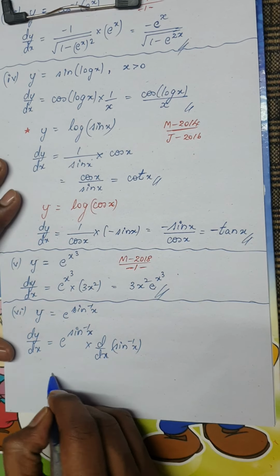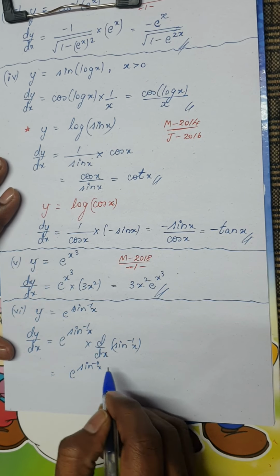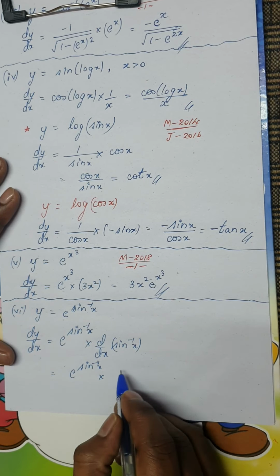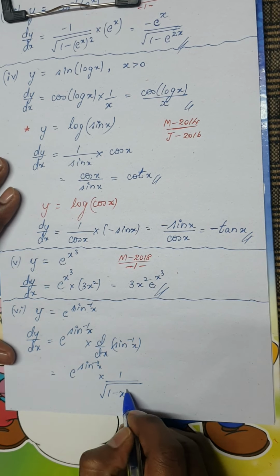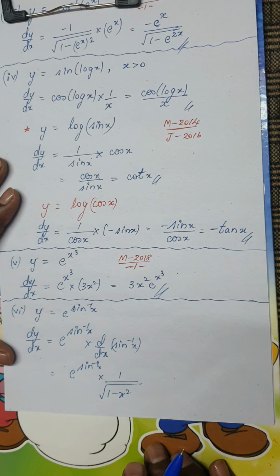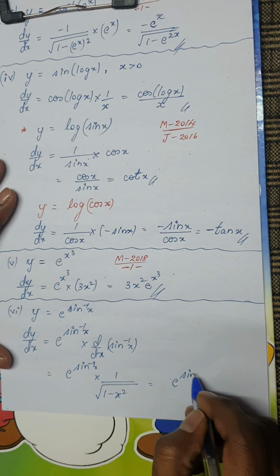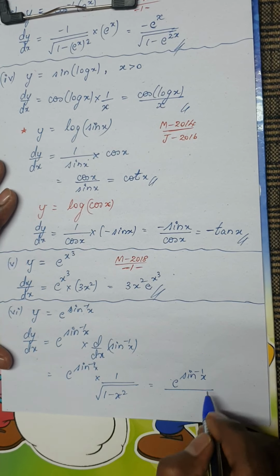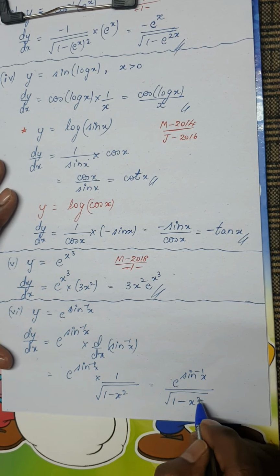So this is e power sine inverse x into the derivative of sine inverse x. We know it is 1 divided by root of 1 minus x square. So you can write this in simplified form as e power sine inverse x divided by root of 1 minus x square.